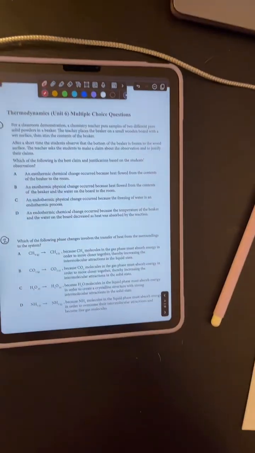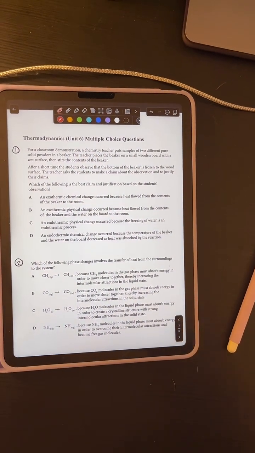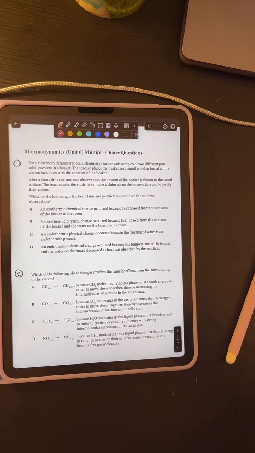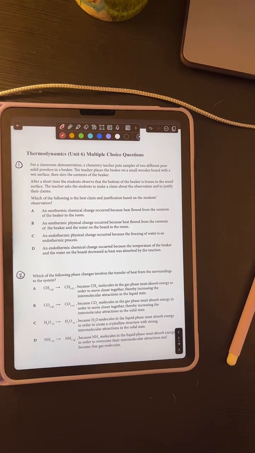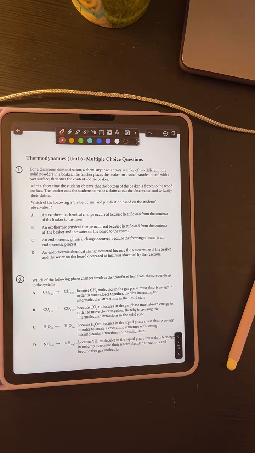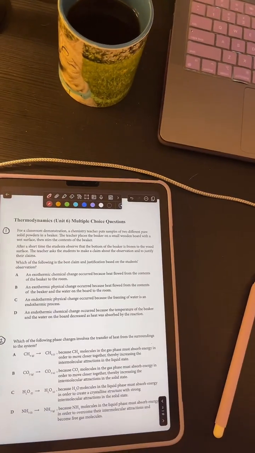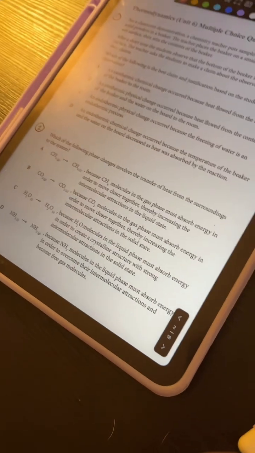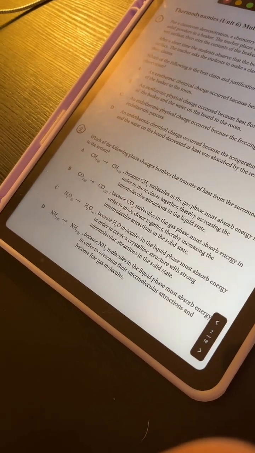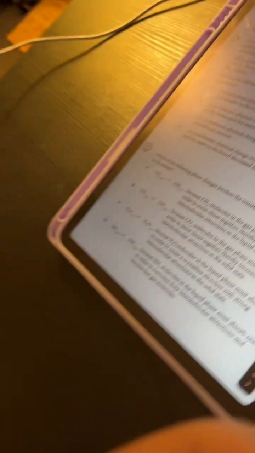What is going on with my thing? I am so sorry, y'all. Something is going on with this. Oh my goodness. I know the setup. It's going crazy. It worked perfectly fine the other day. Let me try something.